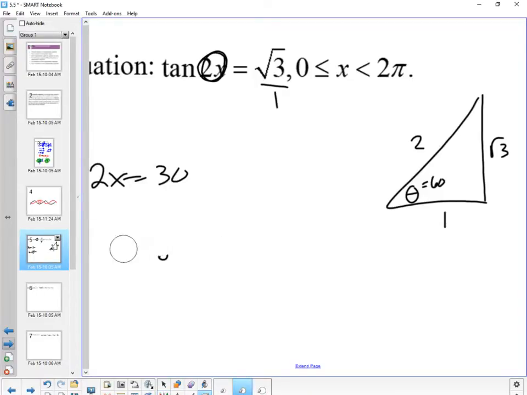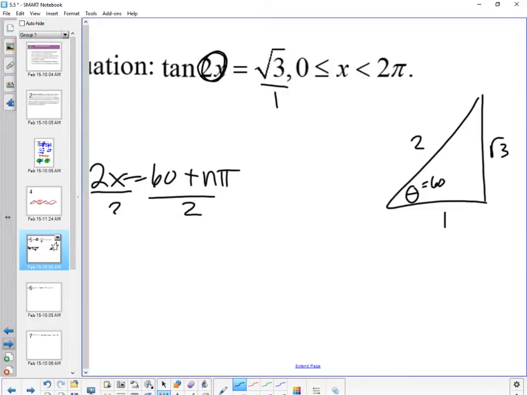No, 2x equaled 60 degrees. We said x equaled 30, didn't we? So 2x equals 60. That repeats itself every n pi. Let's divide everything by 2. So you're going to get 30 plus n pi over 2. Convert that into radians.